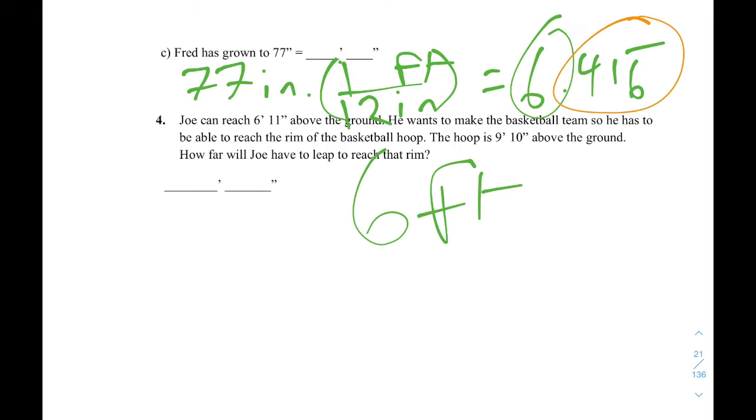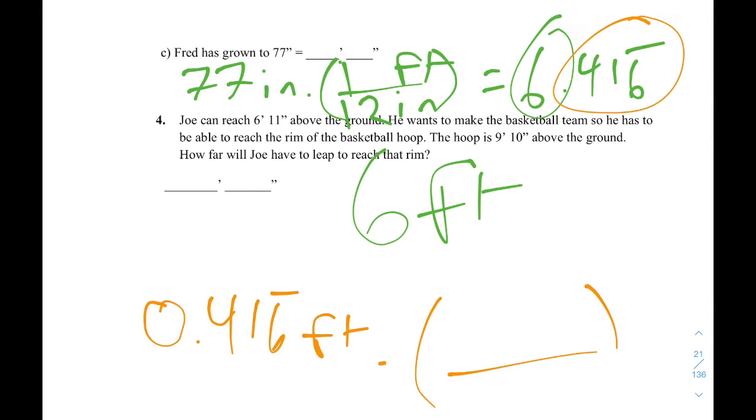So this 6.416 means I need to take that 0.416 repeating, and that number is currently in feet, and I need to change it back so that I can cancel out feet into inches, so it can go into this category right here. So feet and feet will cancel, and in 1 foot there are 12 inches.